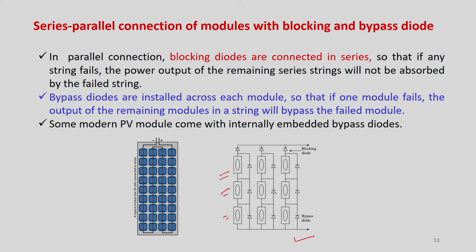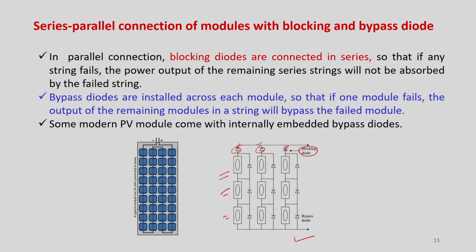In parallel connections, blocking diodes are normally installed in all strings, so that if any string fails, the power output of the remaining strings will not be absorbed by the failed string. So, if this one fails, the other two will still keep working.